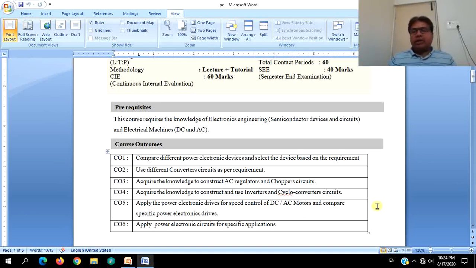In the 5th unit we discussed the applications of power electronics.